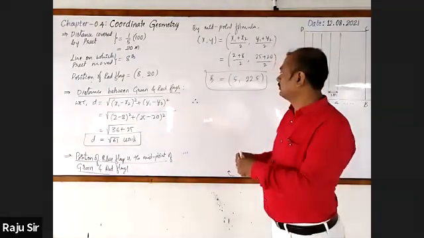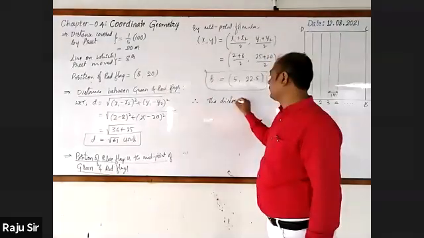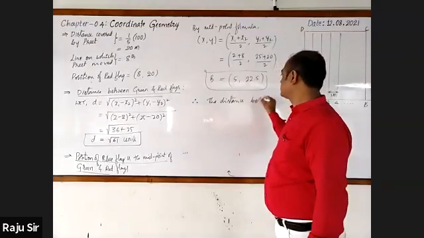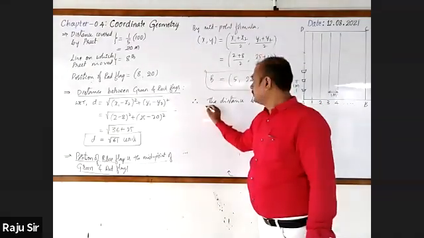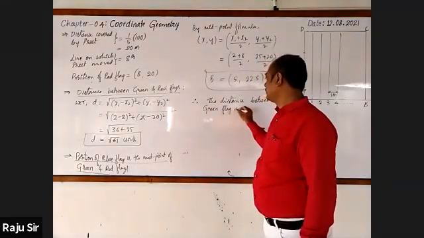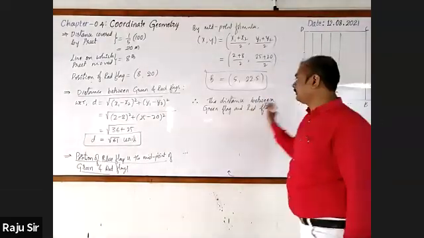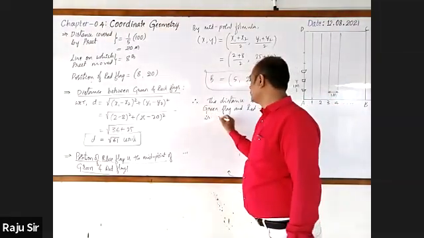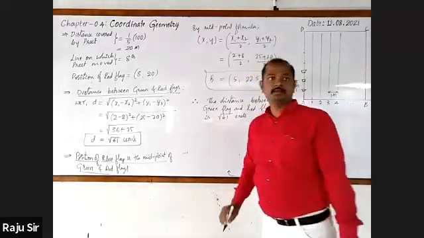Therefore, the distance between green flag and red flag is square root of 61 units.